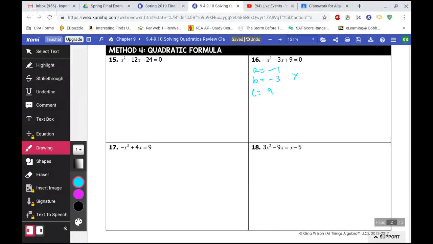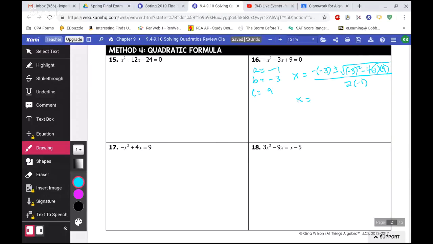So I'll be plugging that into x equals the opposite of B plus or minus the square root of B squared minus 4 times A times C, all over 2 times A.